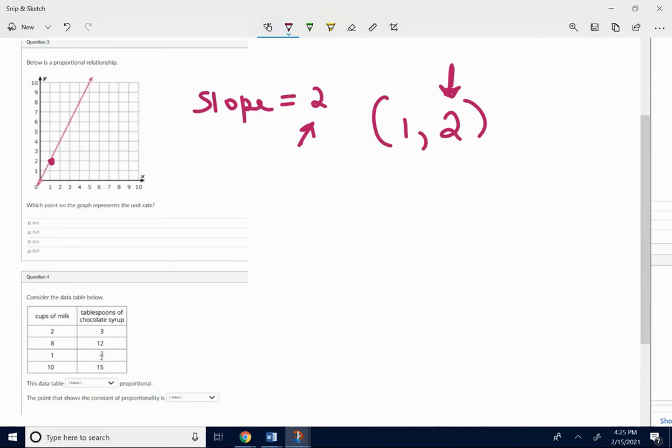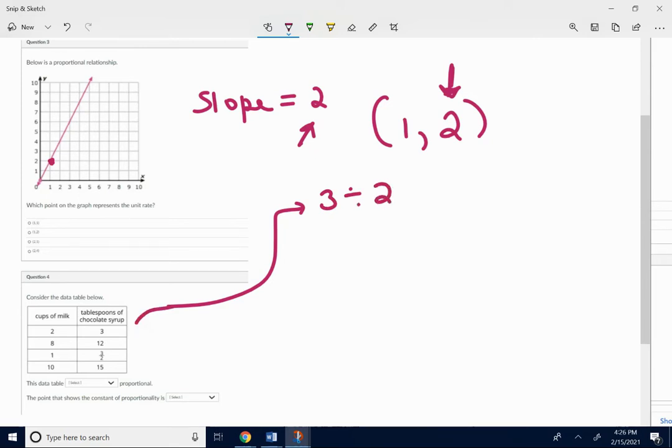Okay, problem 4. We have cups of milk and tablespoons of chocolate syrup. We want to know if it's proportional or not. Don't get into doing decimals, guys. I would not do decimals. I would just take y divided by x every time and simplify as a fraction.